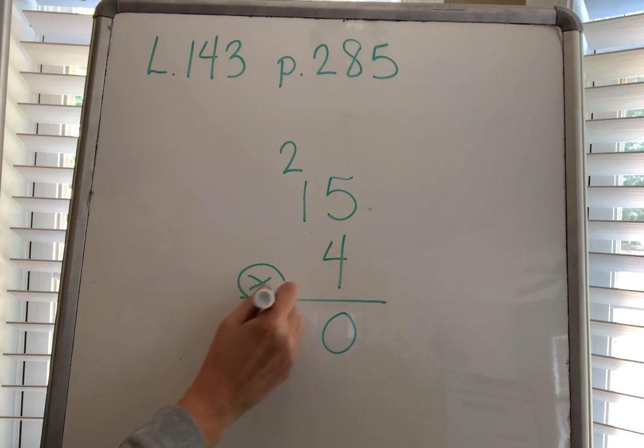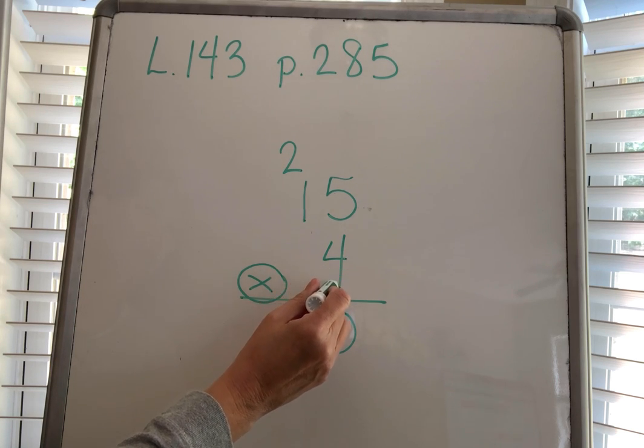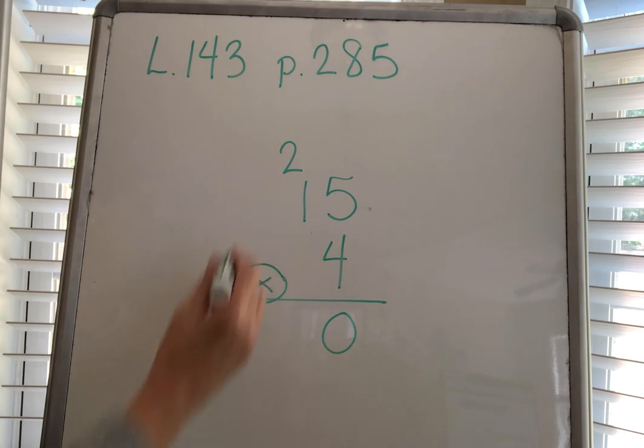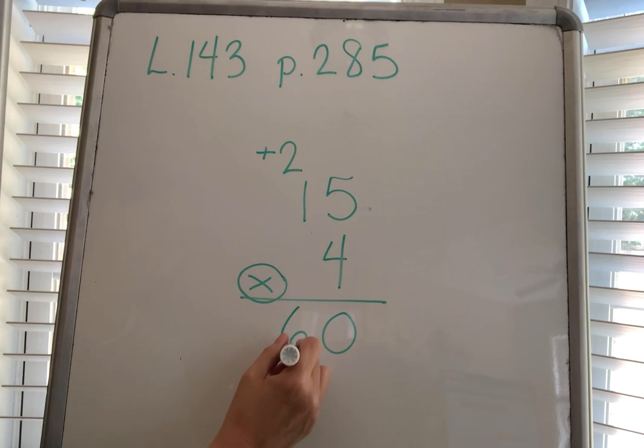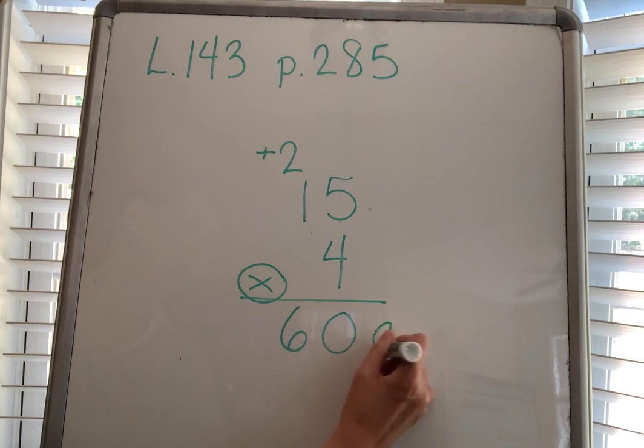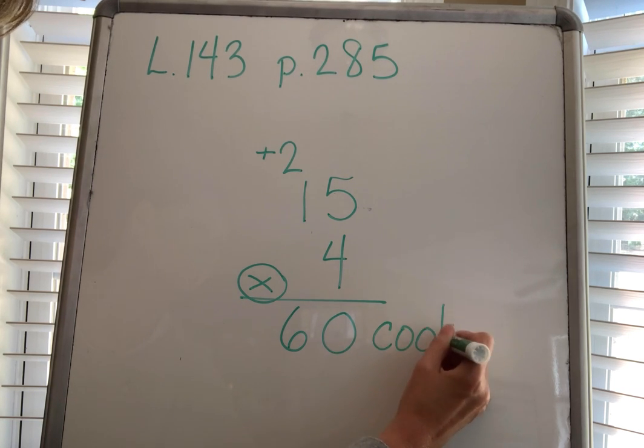Let's multiply before we do anything with that 2. 4 times 1 is 4, plus 2 is 6. So 15 times 4 equals 60. All right. 60 cookies actually should be the right answer for this because of it being a story problem.